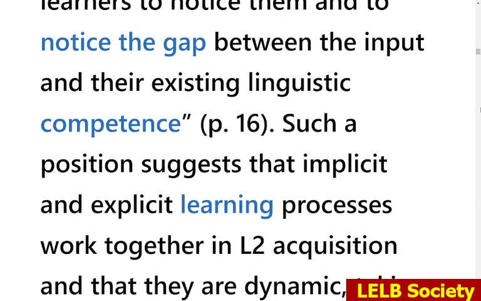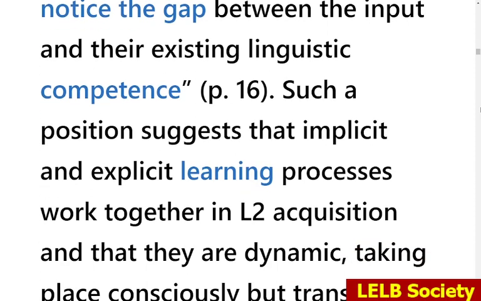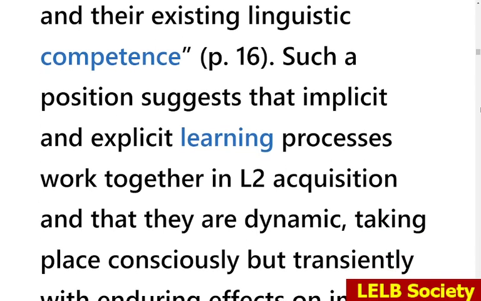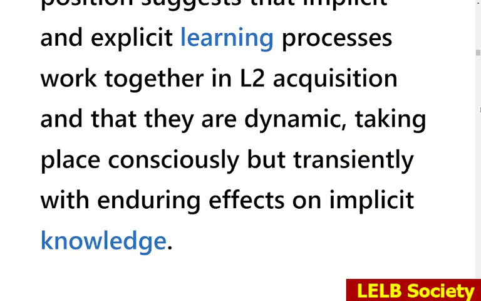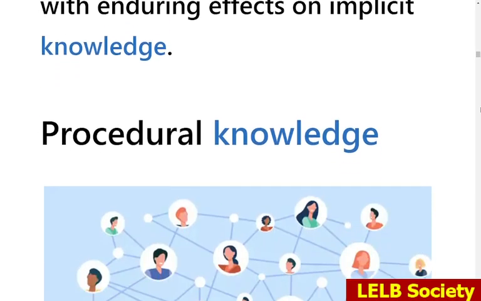Page 16. Such a position suggests that implicit and explicit learning processes work together in L2 acquisition, and that they are dynamic, taking place consciously but transiently, with enduring effects on implicit knowledge.